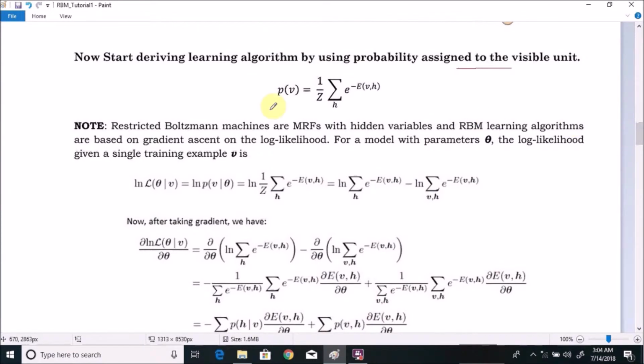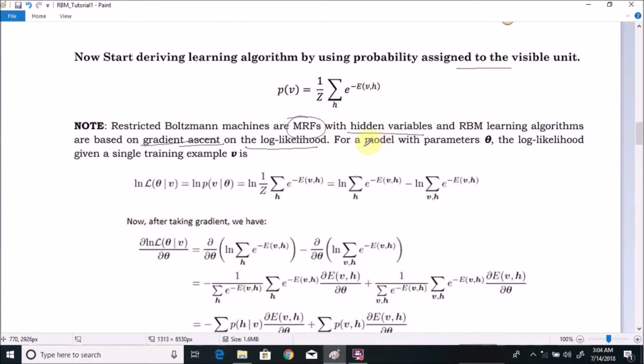Now how do we derive the learning equations through this probability? Actually, restricted Boltzmann machines are Markov random fields with hidden variables, and RBM learning algorithms are based on gradient ascent on the log likelihood.